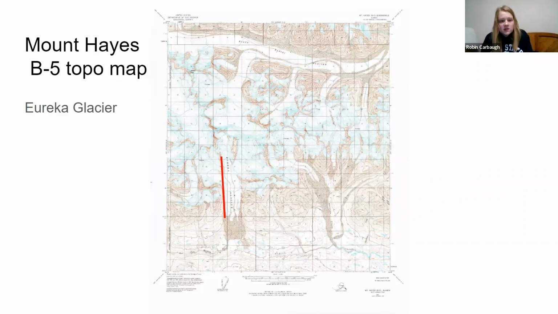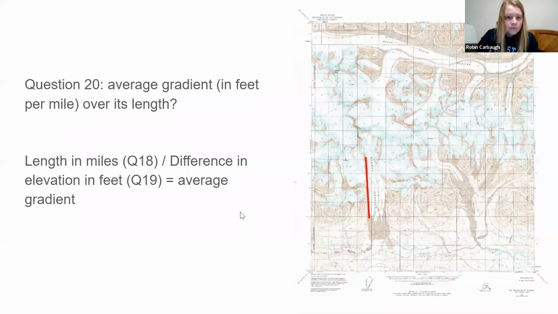So the next question asks about the next map, the B5 topo map, asking about the Eureka Glacier, which is right here. Question 20 is asking about the average gradient over its length, which we can find by first finding the length of the glacier in miles.